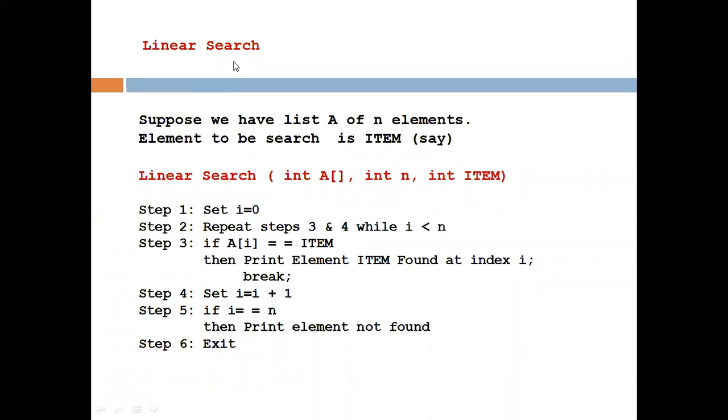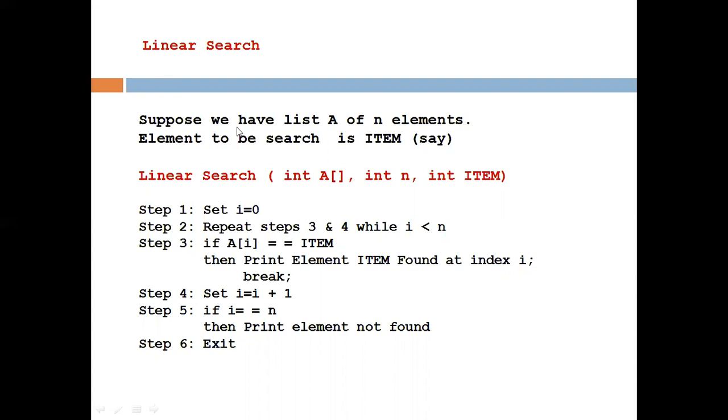Firstly, you know that in a search operation we try to find any given element, and the purpose of this search operation is that we want to access any given element. So definitely after the search operation we will get the location where this element has been stored.